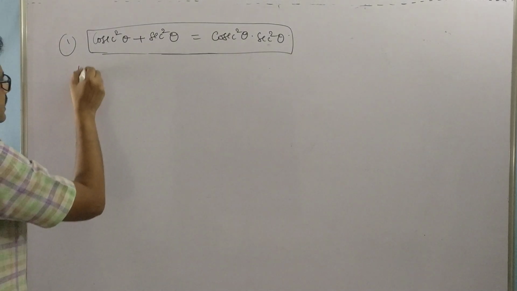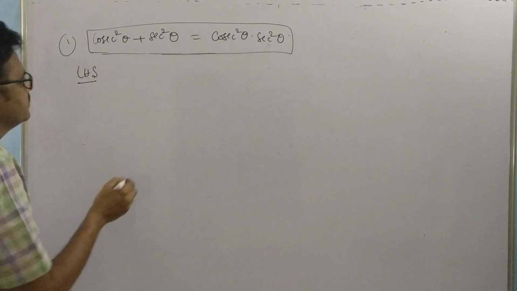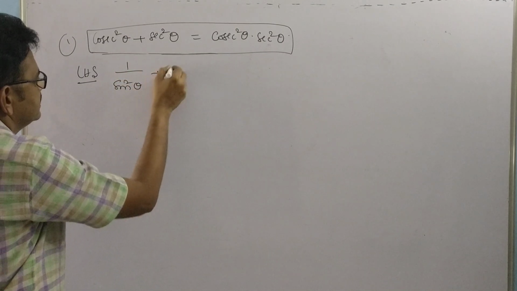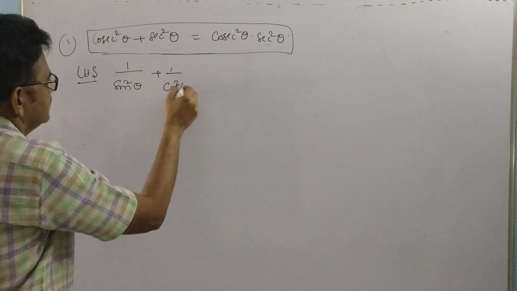Take LHS. Cosecant square means 1 by sine square theta plus 1 by cos square theta.